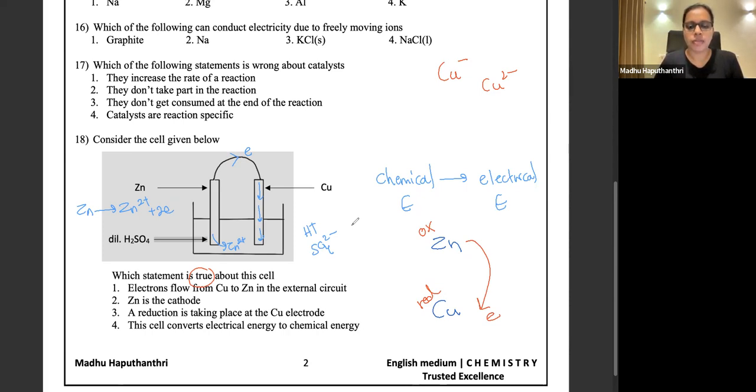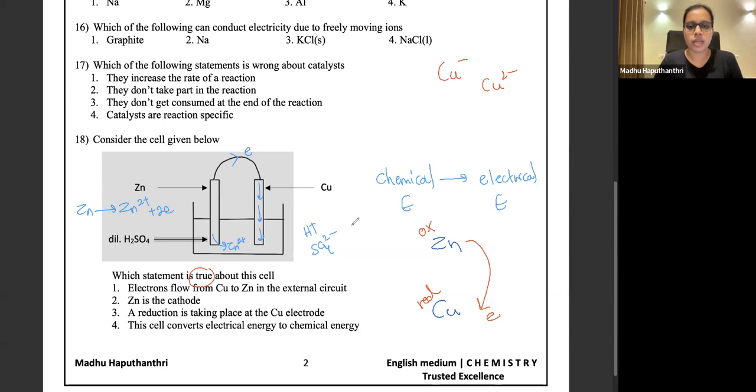Even in normal life, we like the things that we don't have. We usually don't place much value on the things that we have already acquired. But the things that we don't have, we love them so much. So here also, what is coming is electrons. H plus does not have electrons. H plus means no electron at all.